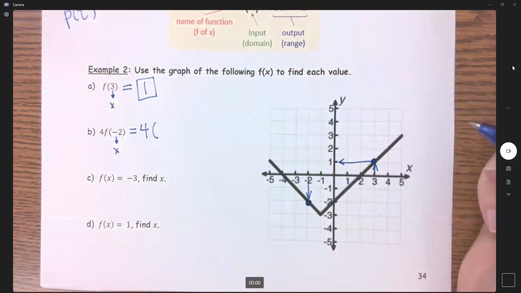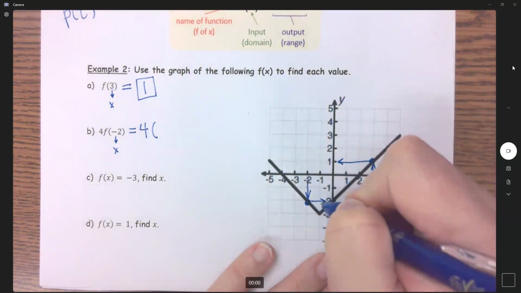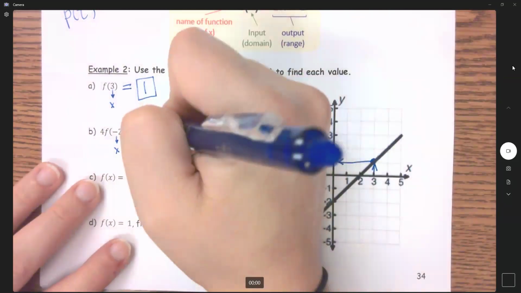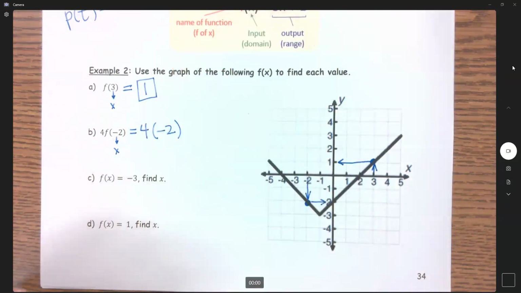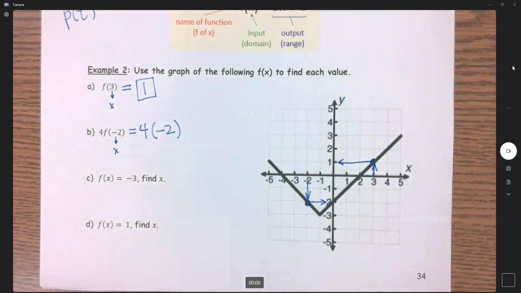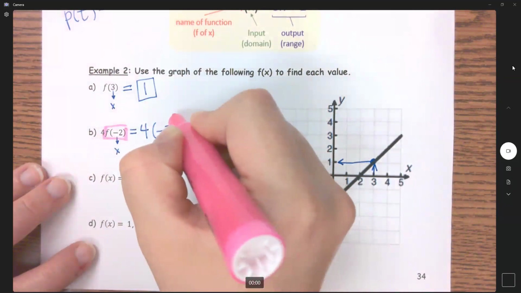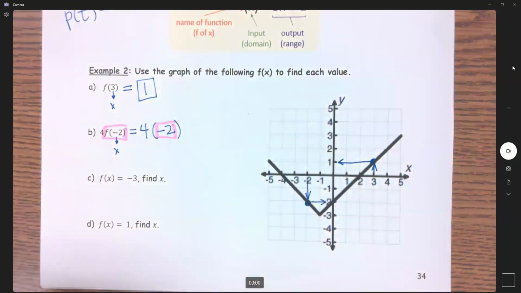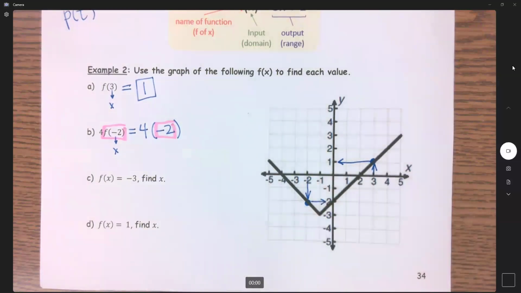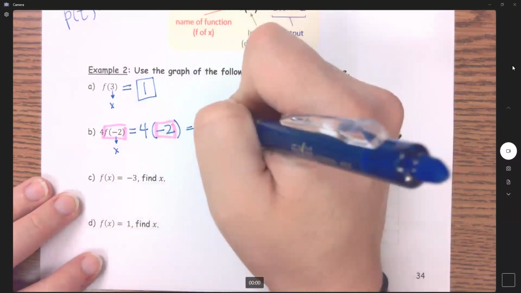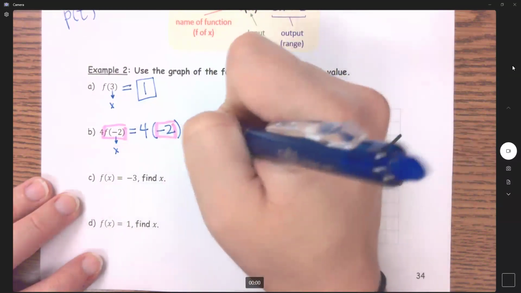Here is that point when I have an x value of negative 2. What is my y value? It is also negative 2. Okay, so we evaluated f of negative 2 to equal negative 2 based off of our graph. And now I'm going to multiply that by 4. So my final answer here would be negative 8.